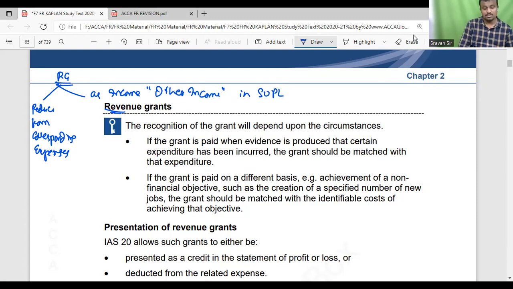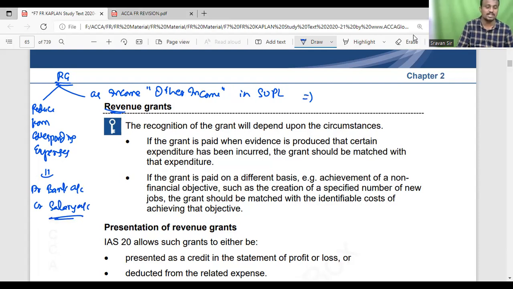So the revenue grant received by the entity may be reduced from the corresponding expenses, as we already discussed. If the grant received relates to the payment of salaries, then we debit bank account and credit salary account. We reduce it from the corresponding salary.